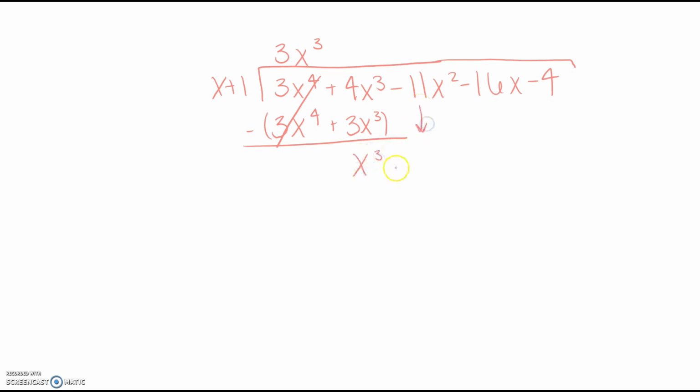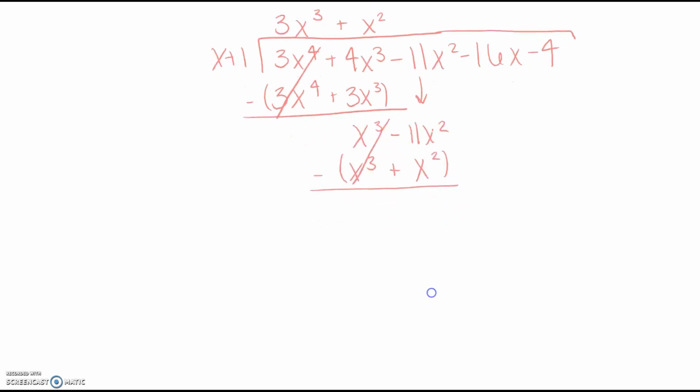Bring down the negative 11x squared. What multiplies to x to give us x cubed? That will be positive x squared. So now we have x cubed plus x squared. Subtract. Our x cubes cancel. 11x squared minus x squared will be negative 12x squared.